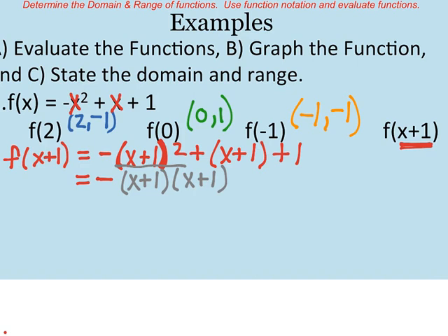Everything else stays the same. The negative stays out front, plus x plus 1 plus 1. All of that has to remain. So everything that was original to the function, I kept in red. I rewrote x plus 1 squared in gray because that's what we're going to be dealing with first.